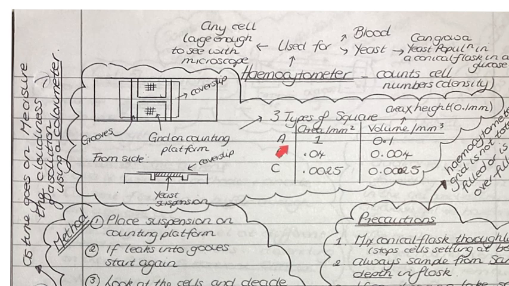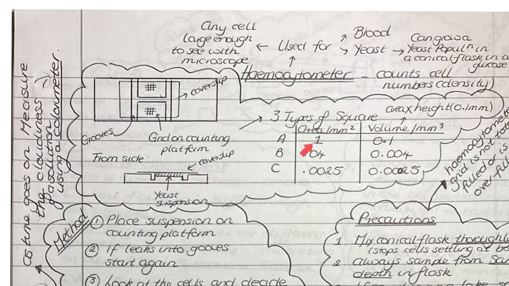The biggest square has an area of 1 square millimetre. Whenever the cover slip is put on top of the haemocytometer, the distance here, you see the hash distance here, in my example, we know that it's 0.1 millimetre in height.